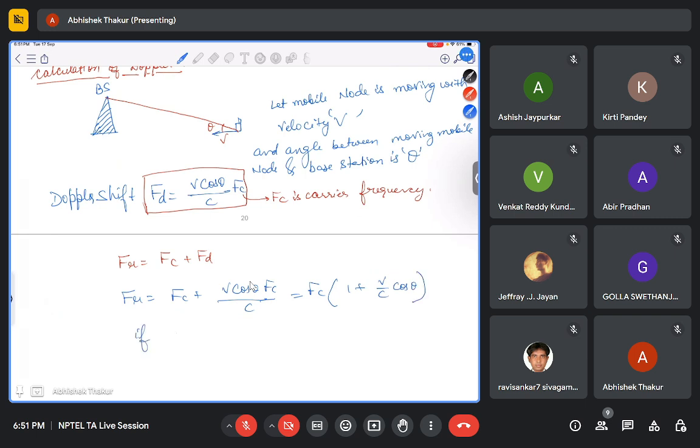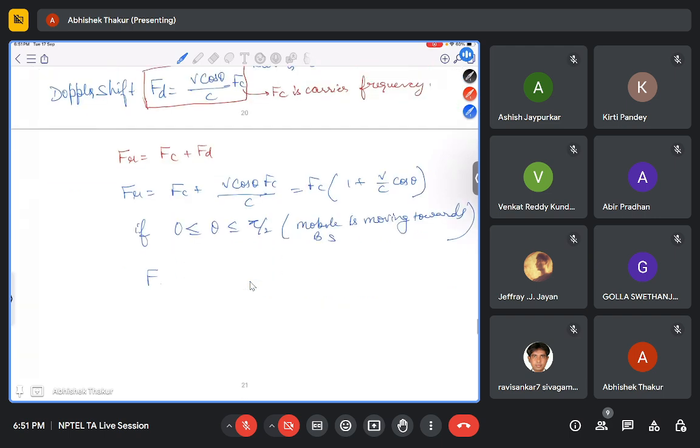Now if theta is between 0 to pi by 2, then the mobile is moving towards the base station. In that case Fr is equal to Fc plus V cos theta Fc by C. So this term will be a positive value.